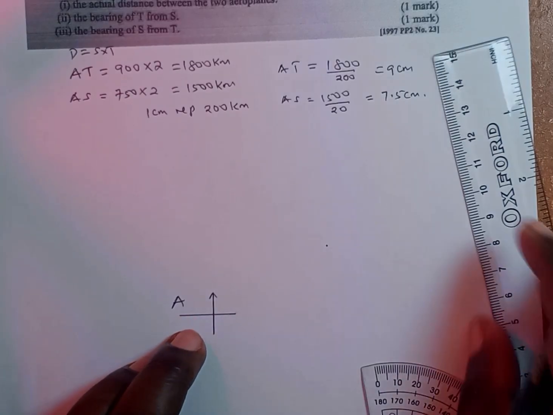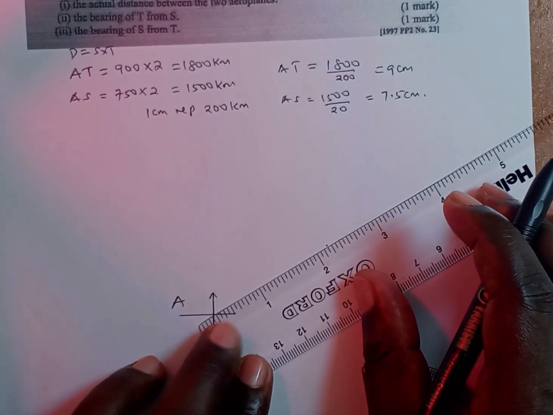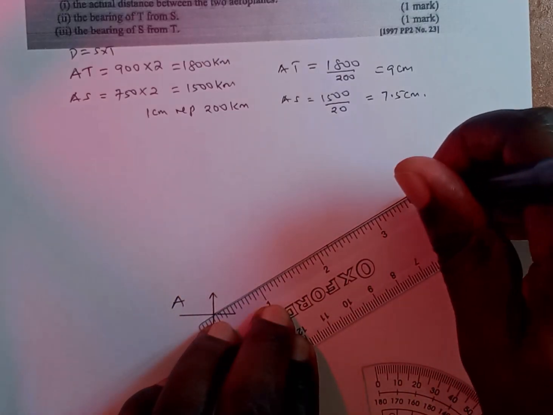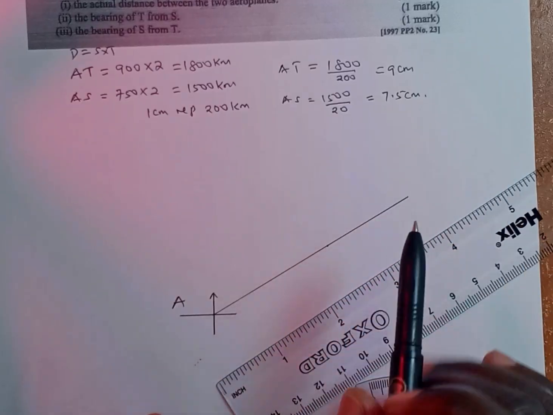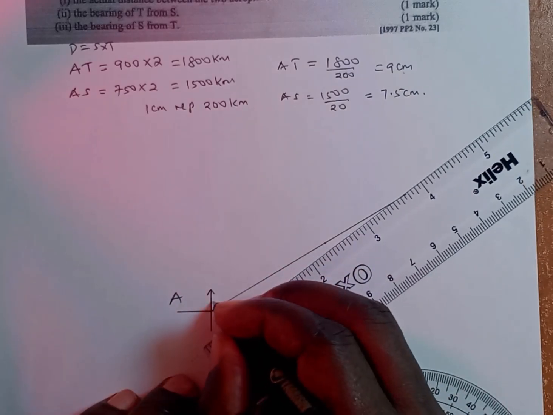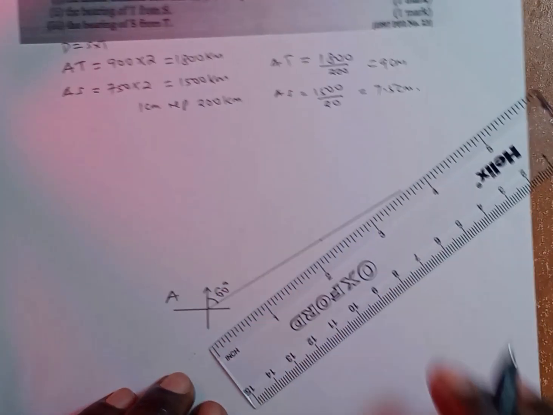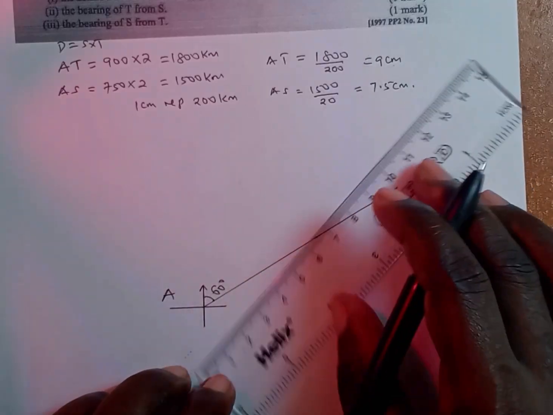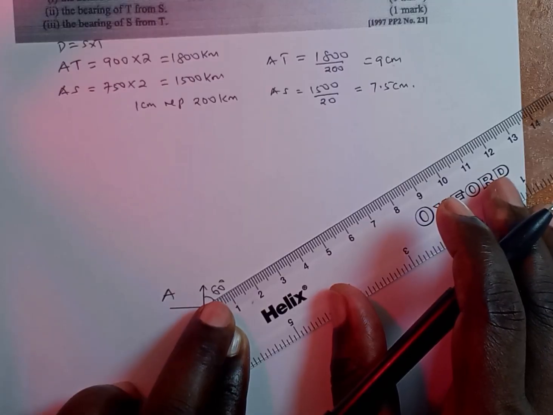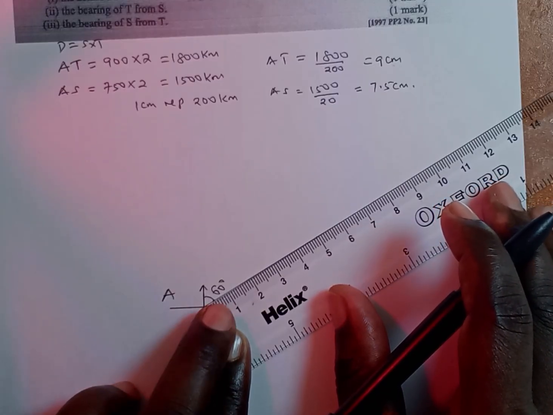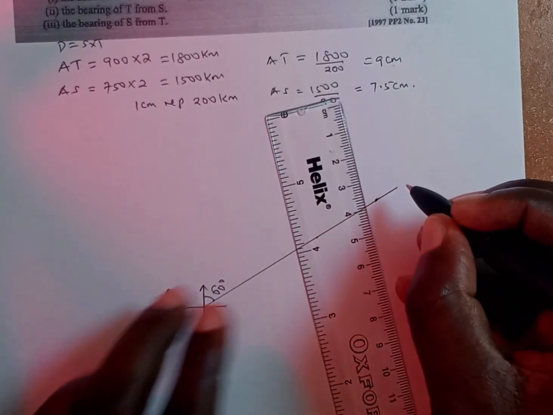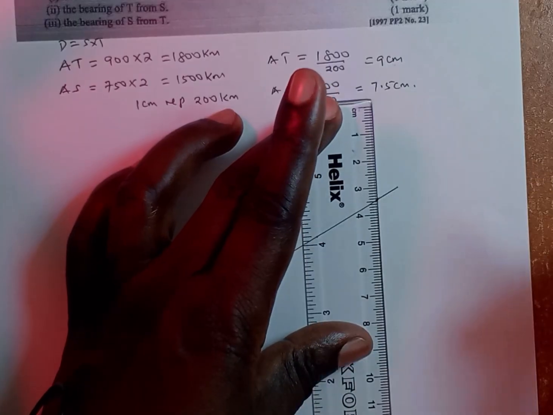And then from there, we are going to draw a straight line joining port A. Remember, AT is 9 centimeters, but AS is 7.5, so this is 60 degrees. So we measure 7.5 centimeters. 7.5 is here. So at this point, we are required to draw another compass.